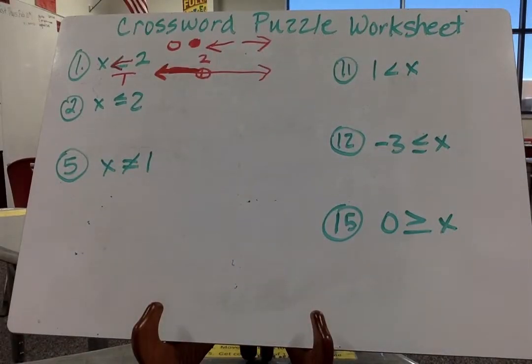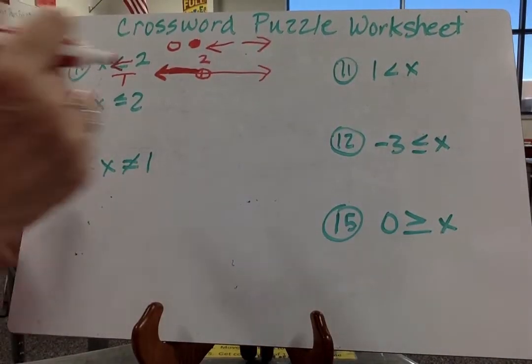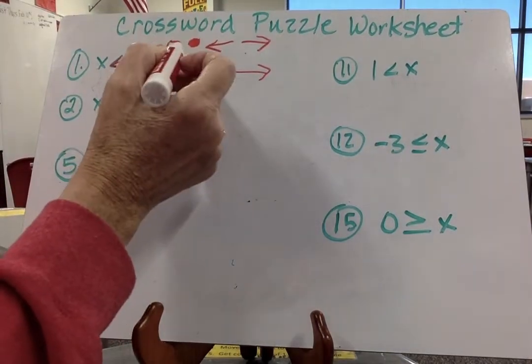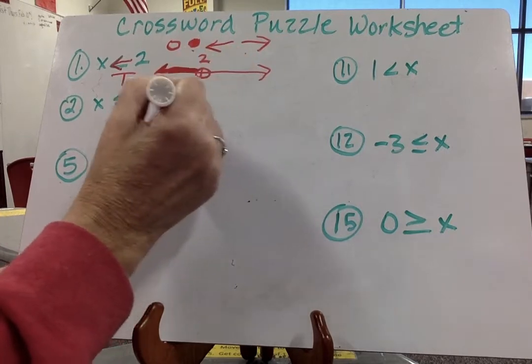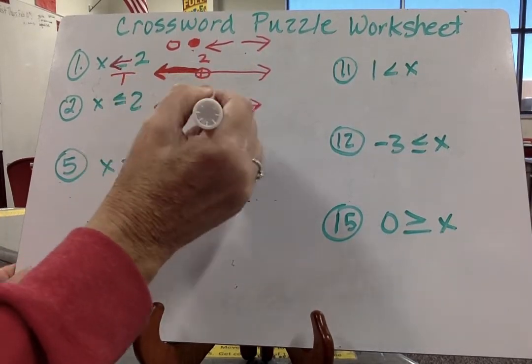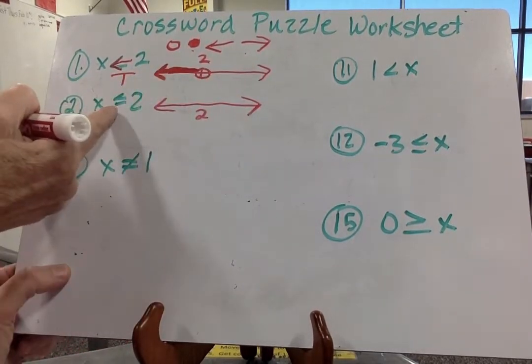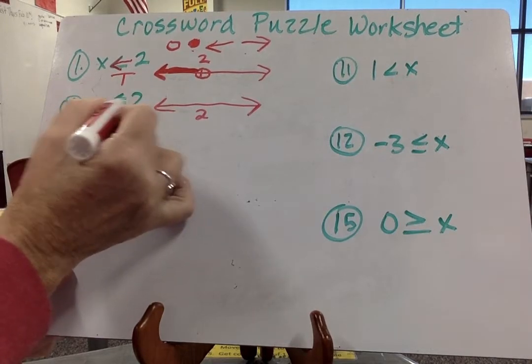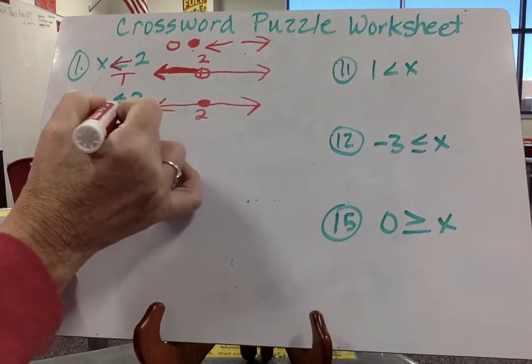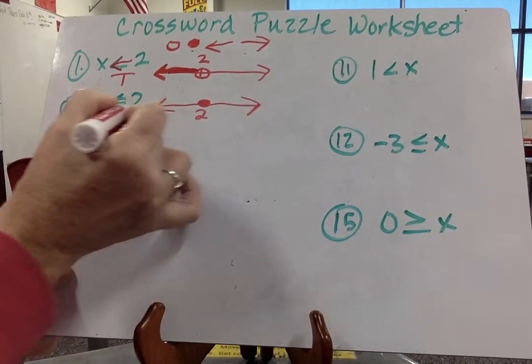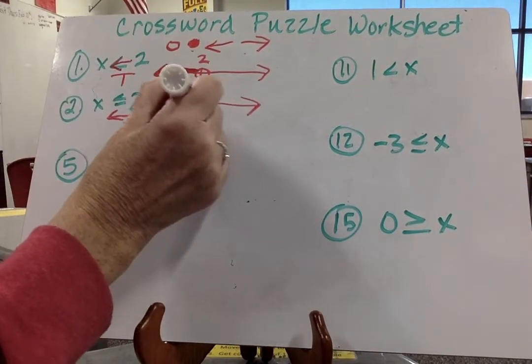Next, we go on to number 2. X is less than or equal to 2. So again, our two decisions: open or closed dot, and which way is the shading? Okay, so here's 2. Right here, it's "or equal to," more ink, I better fill it in. And it is still shading to the left.